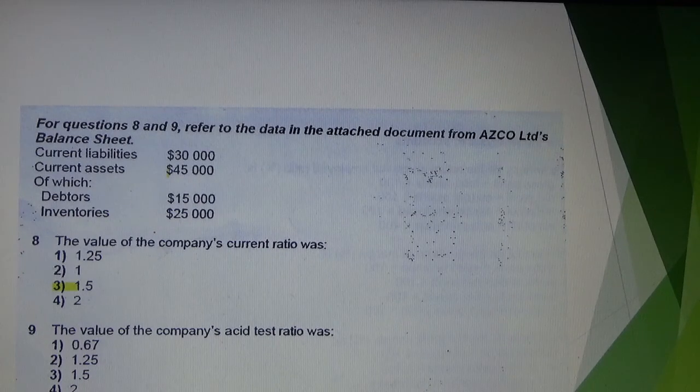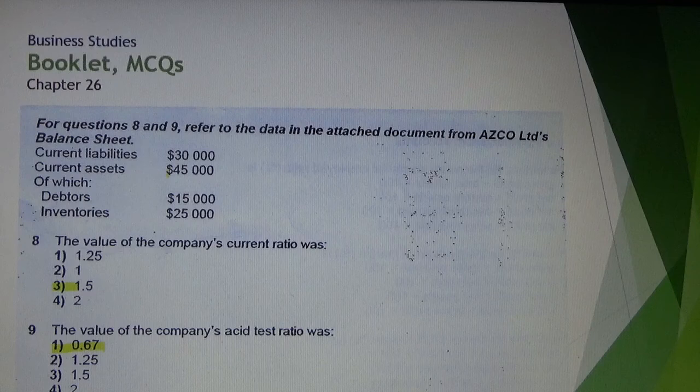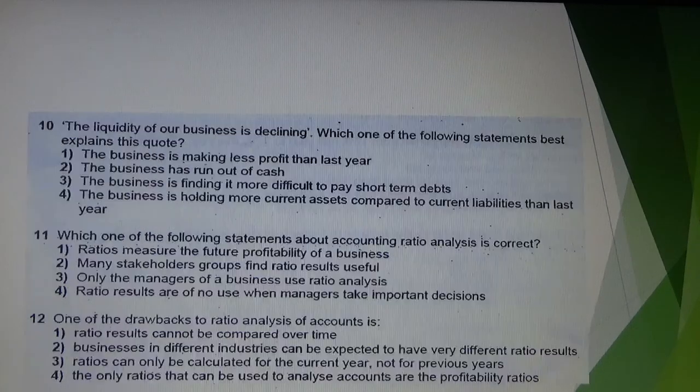We have 66.67, or times 100. It's just moving the decimal point right here. So it's 0.67 here. The answer is number 1. Okay, for the last, is this the last? No, we have 3 more.